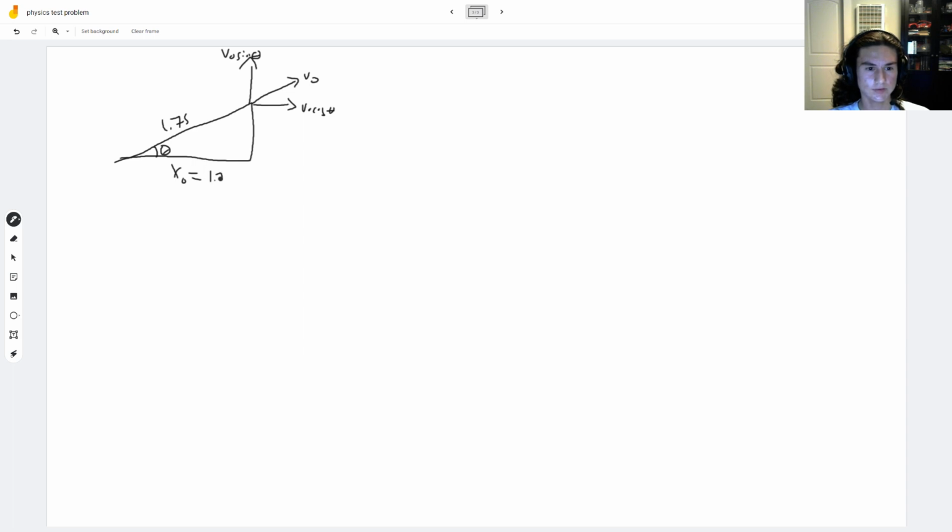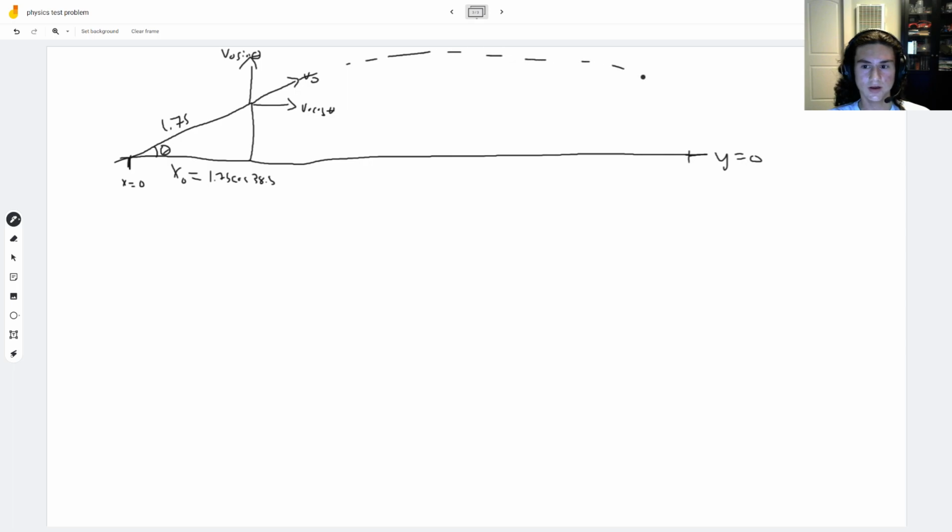So 1.75 cos, and I'm going to just write 38.5. So if we set this as x equals 0, and then we set this axis as y equals 0, it's like height. This is going to be continuing around.